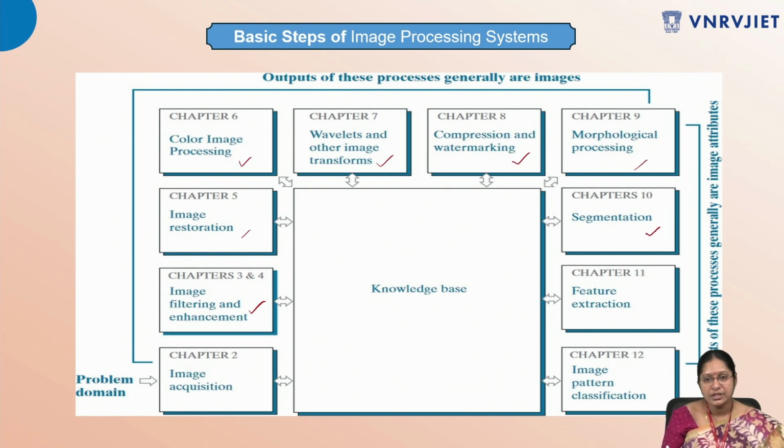Here segmentation means dividing the image into different objects. Next, feature extraction, extract the knowledgeable information from the images, and last one is image pattern classification. After that, we get the output of the images or knowledgeable information in the form of object or attribute values.